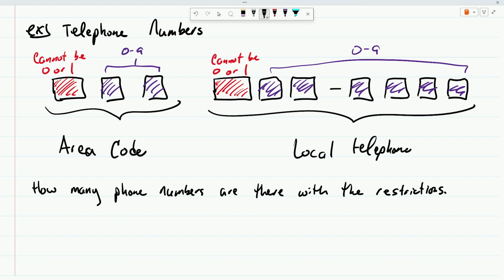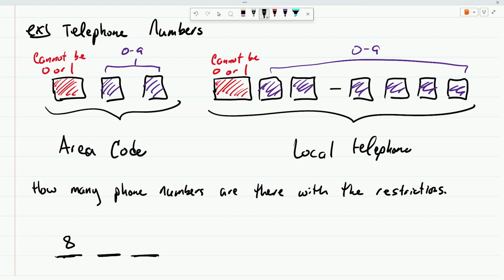Here's the area code. We'll do this first. Now we know the first digit cannot be 0 or 1. So traditionally, there would be 10 possible numbers, but I'm not allowed to use 0. I'm not allowed to use 1. So now there are only 8 possible numbers for the first position.